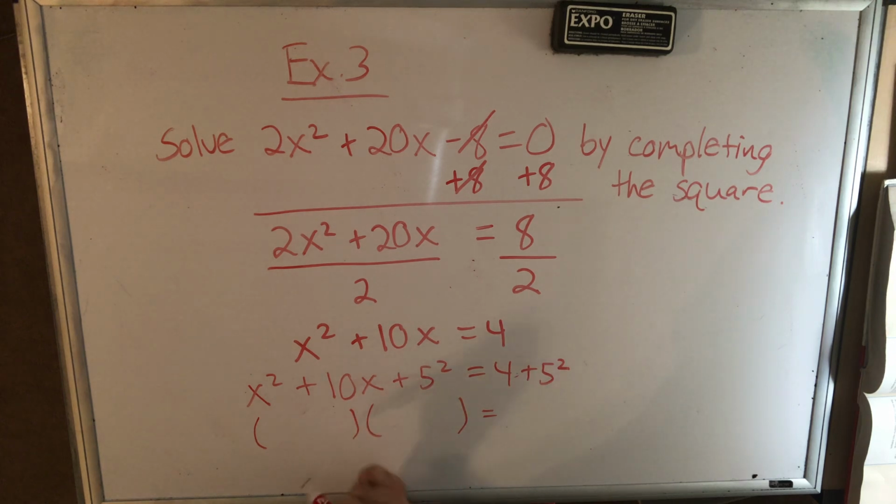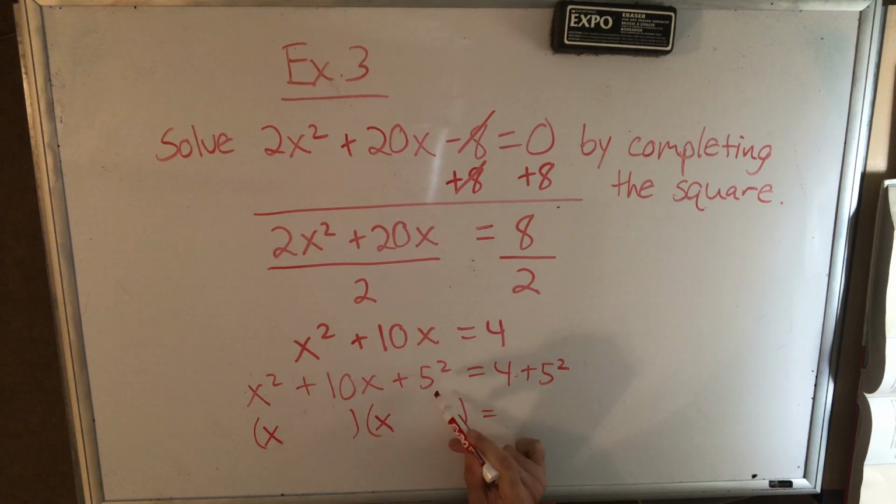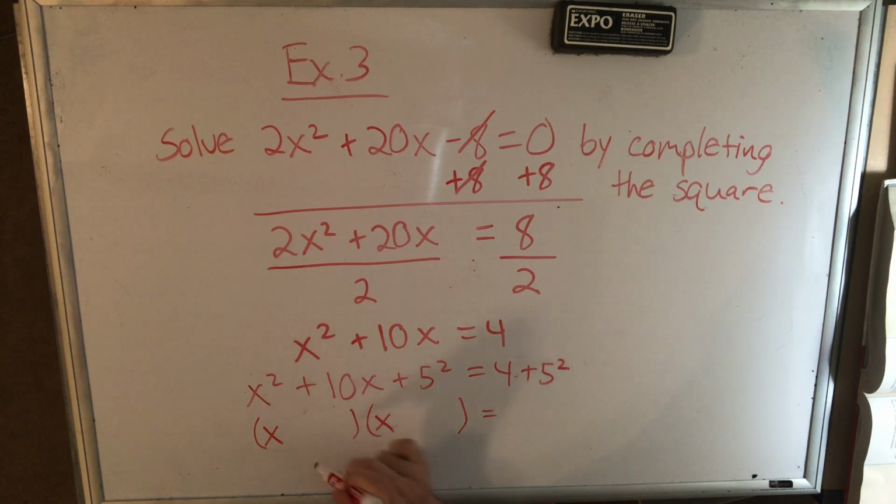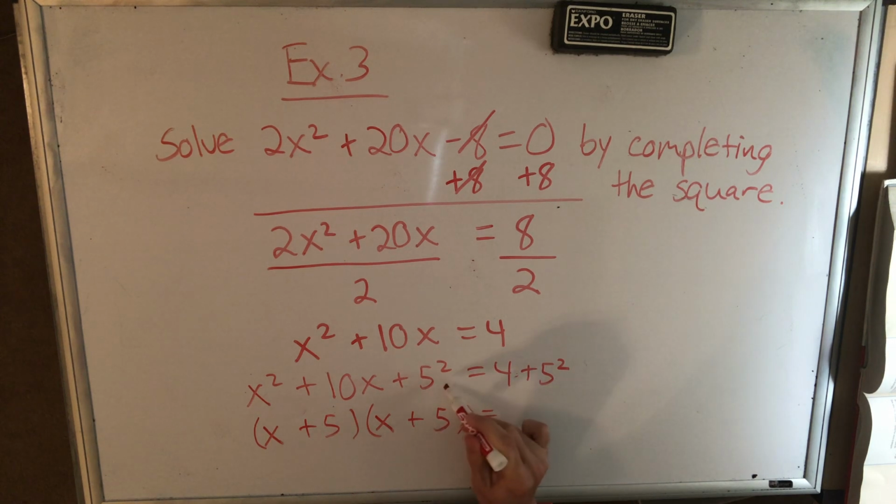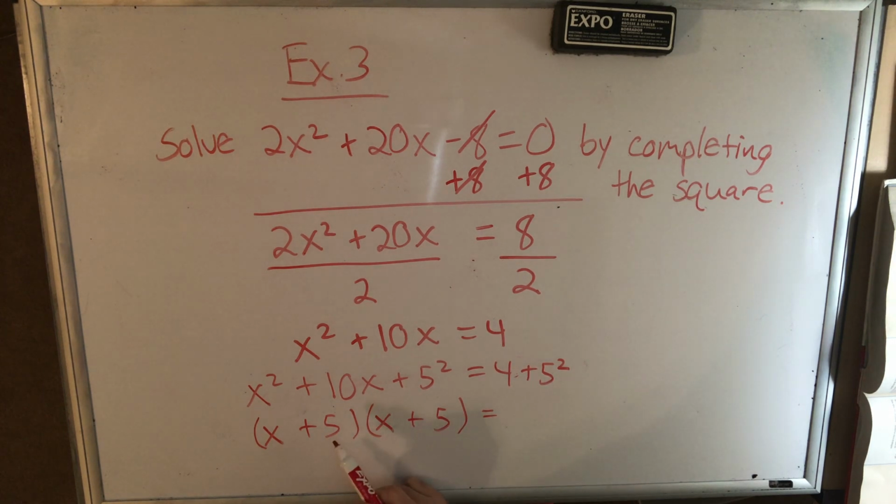the way you factor that is you put the variable at the beginning of each of the parentheses and then put the square root of the constant at the end of each of the parentheses. The square root of positive 5 squared is 5 because 5 multiplied by itself is 5 squared.